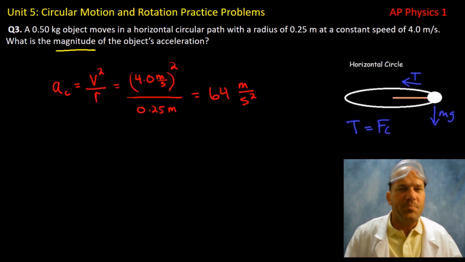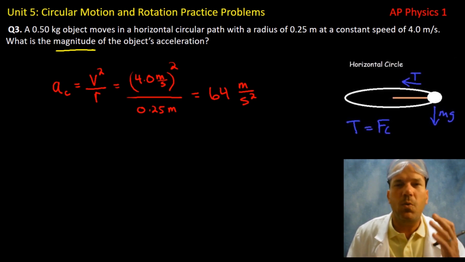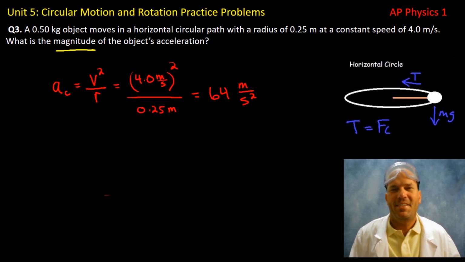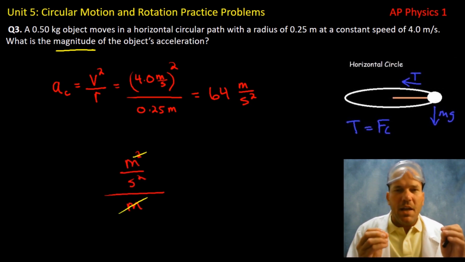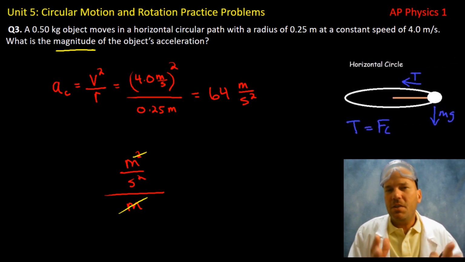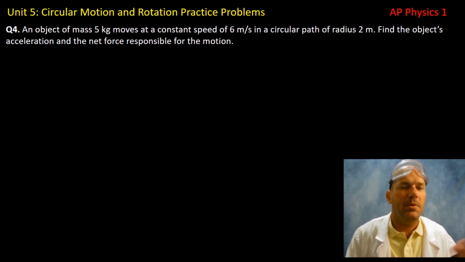And of course, the direction of the centripetal acceleration is going to be inward. All right, and here, as I've always done, a further affirmation: you can look at your units and confirm that they work out to meters per second squared.